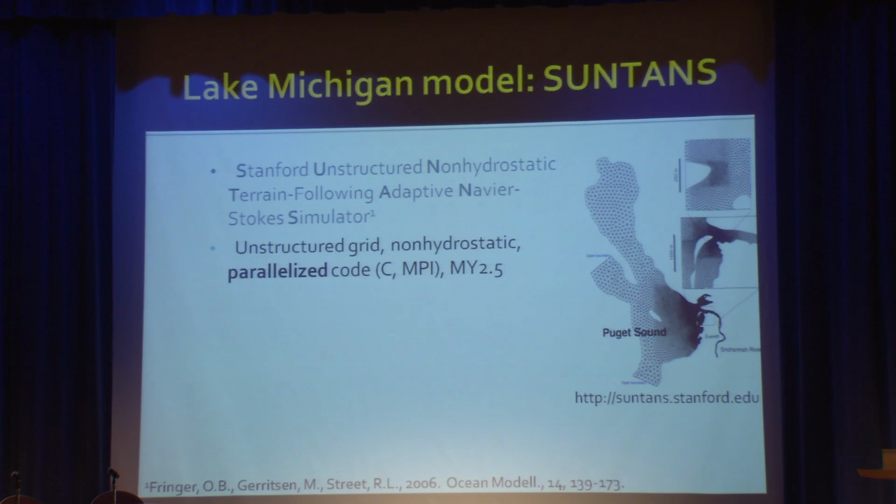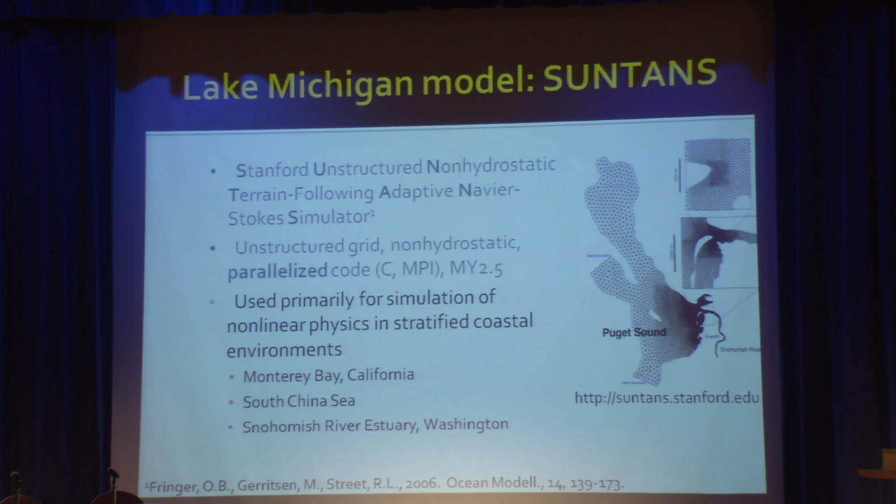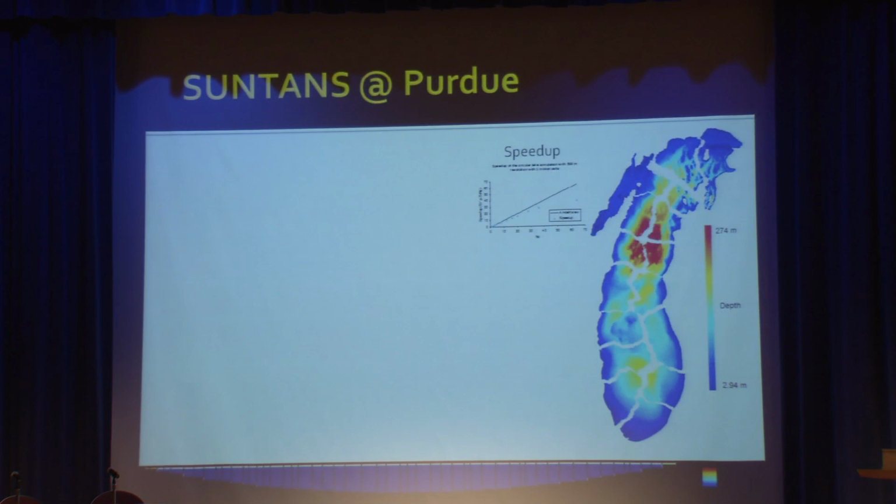That's what you need for simulating environmental flows at full scale. It is a parallel model, and I'll talk about how we leverage Purdue's resources to run it in parallel. Here are some of the applications where it's been used, and we're the first to really adapt this model to any sort of lake simulations.